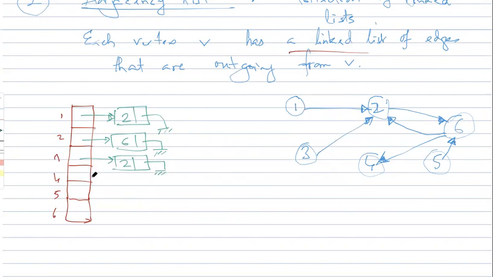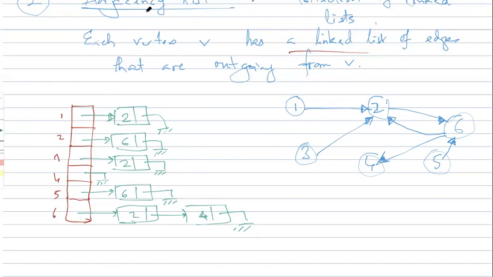Then 4 is connected to nothing, so we can just ground it. 5 is connected to 6. And then 6 is connected to 2, and sorry, 6 is also connected to 4. So it goes through the list of the outgoing edges. So this would be the adjacency list representation.